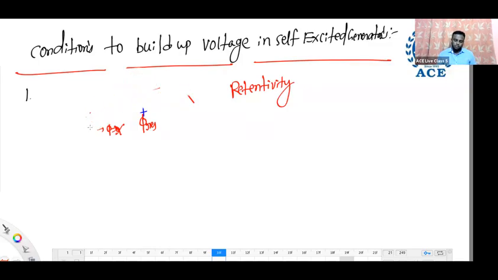Okay, so write the statement first. Then we will see the figure for how voltage builds up.